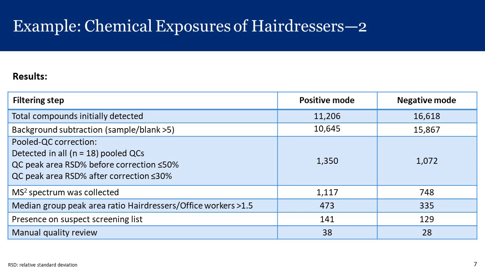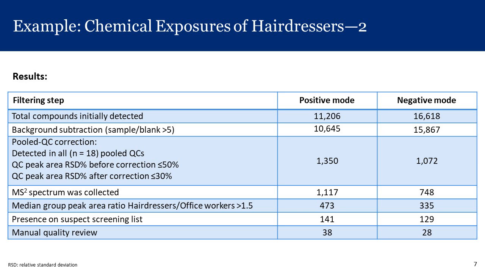And I hope you can see in this table that just by this quality control, the number of compounds that you are confident are coming from a sample is reduced drastically to about 1,350 in positive mode and 1,070 in negative mode. In addition, we were interested in which compounds we have fragmentation information for, these MS2 spectra. In positive mode we had information on 1,117 compounds and about 750 in negative mode.